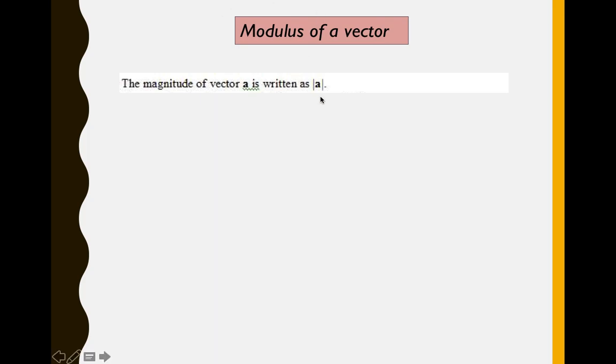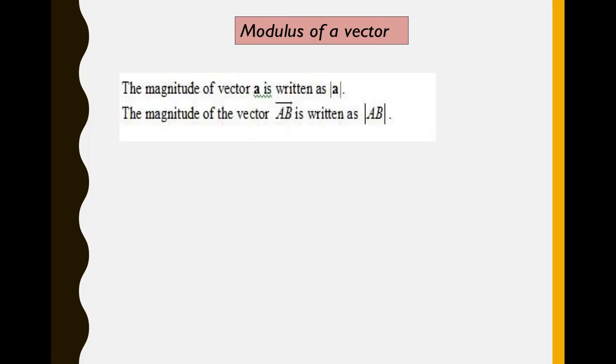The length of the vector, in this case vector A. The magnitude of vector AB, for instance, is written with two vertical bars on either side of it.